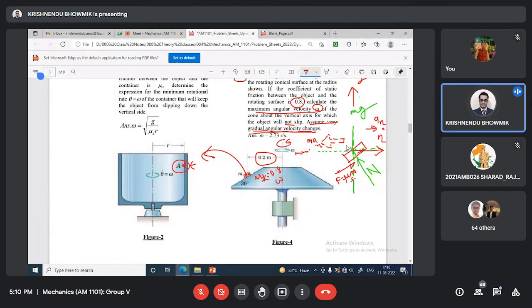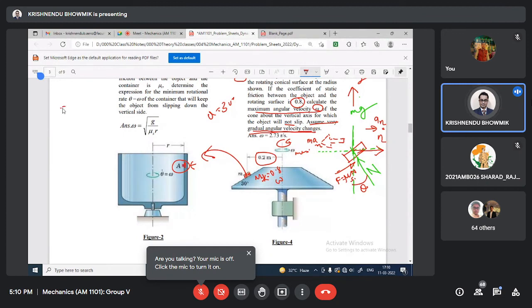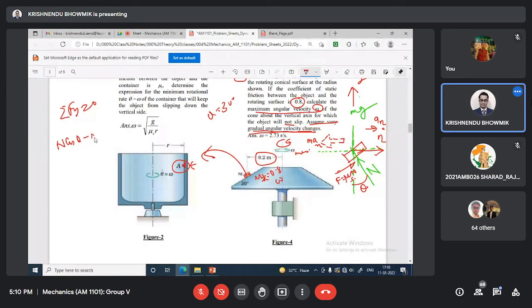So for this case, if I draw the free body diagram, and this is theta equal to 30 degrees, summation Fy equal to 0 will give N cosine theta minus mg plus mu_s N sin theta equal to 0, and summation Fn equal to 0, D'Alembert principle.